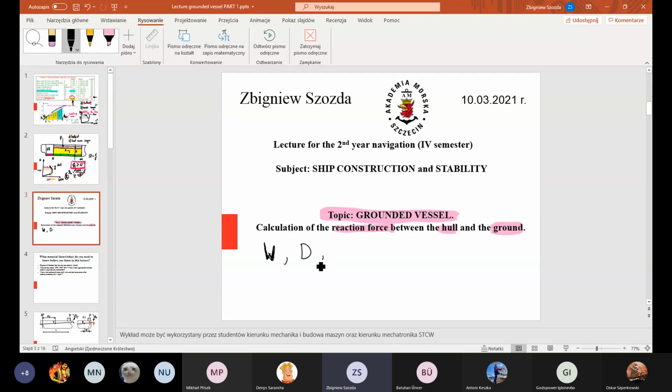And now we have the third component, reaction between the ground and the hull. So there will be three forces acting on our ship: weight, as it was, displacement, and reaction between the ground and the hull. Additional force.